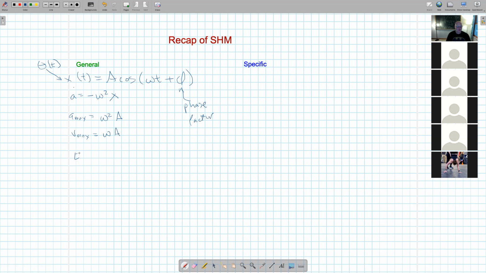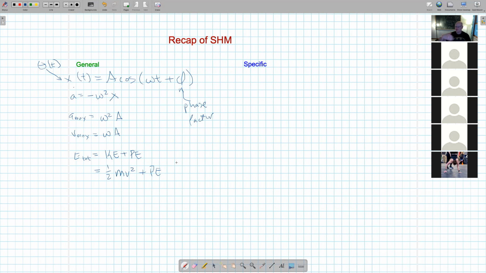We also know that the total energy is equal to the kinetic energy plus the potential energy. In this case, that is 1/2 of the mass times the velocity squared plus the potential energy. I'm going to leave it simply as potential energy, even though yesterday we looked specifically at a spring mass system, but we don't have to have a spring mass system.